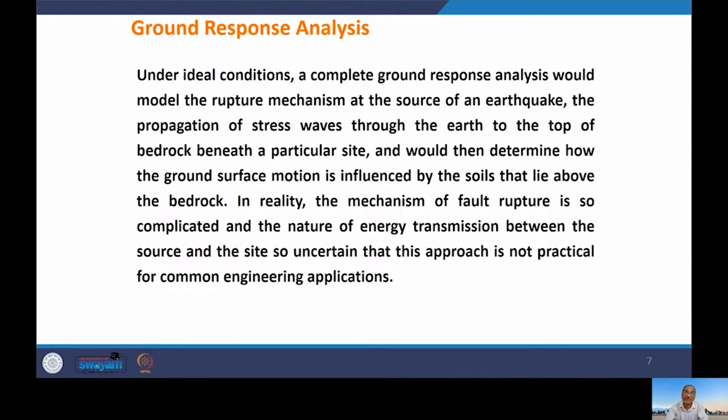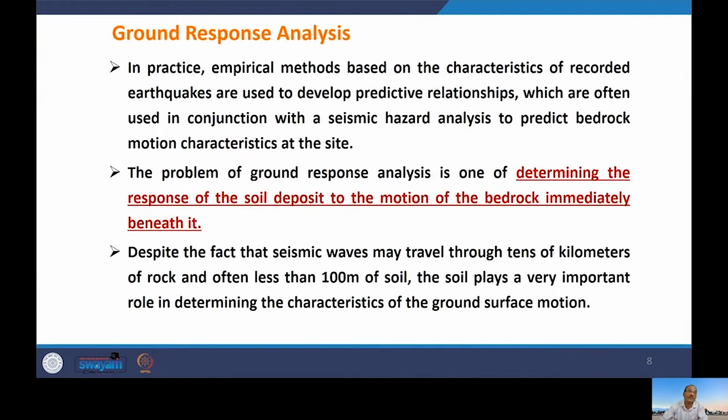In reality, the mechanism of fault rupture is so complicated, and the nature of energy transmission between the source and the site is so uncertain that this approach is not practical for common engineering applications. This approach means modeling the rupture mechanism of the source of the earthquake along with that. So that is not possible. So what we do is try to simplify the problem a little bit and continue with that.